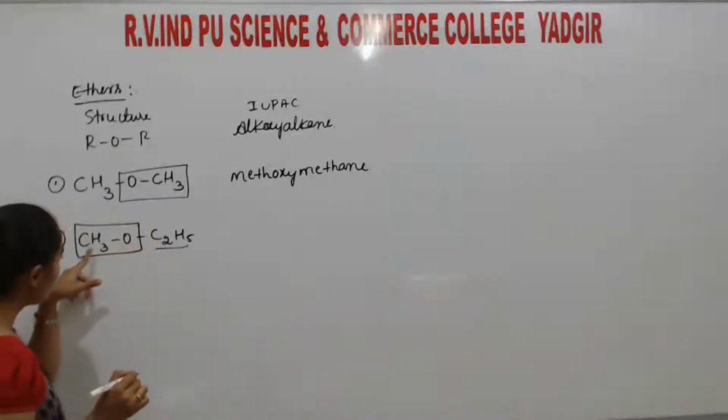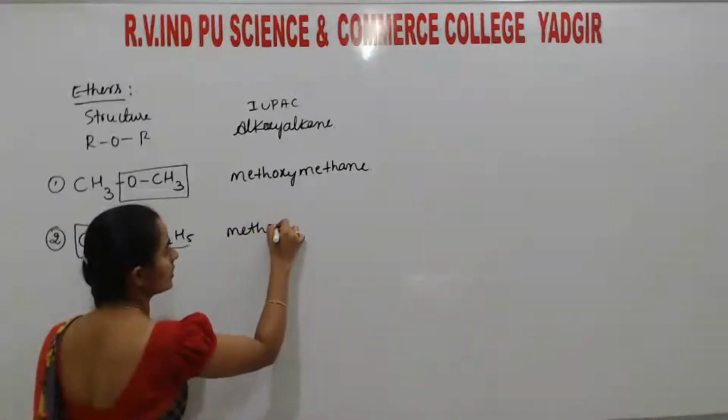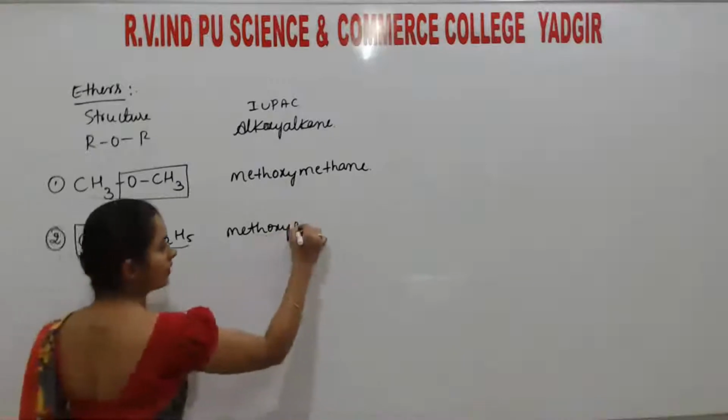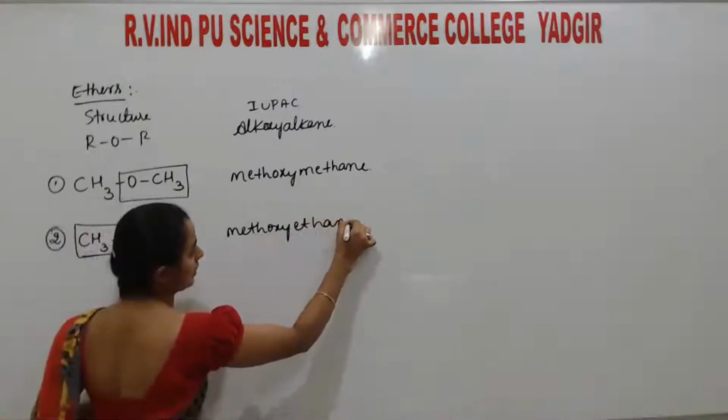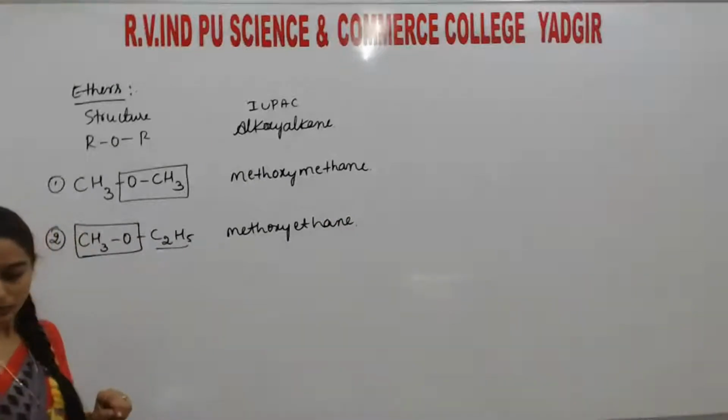Oxygen with the methyl group, the name is taken as methoxy. The parent chain here consists of 2 carbon atoms, that is ethane. Methoxy ethane. Okay.